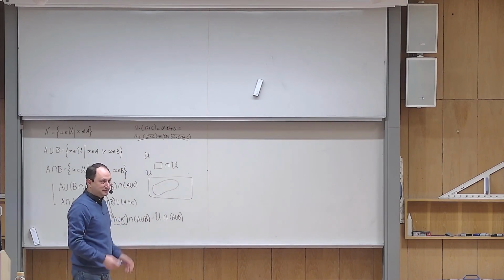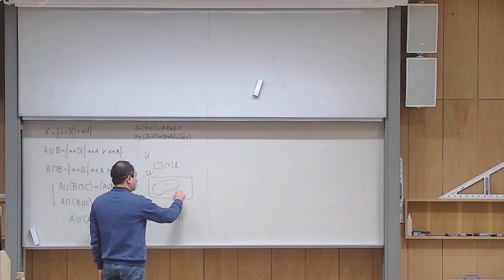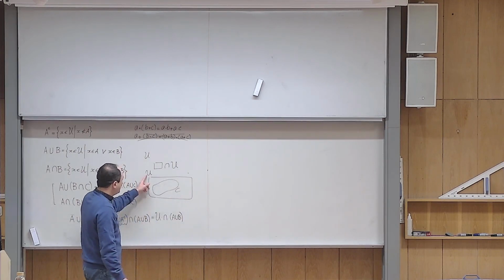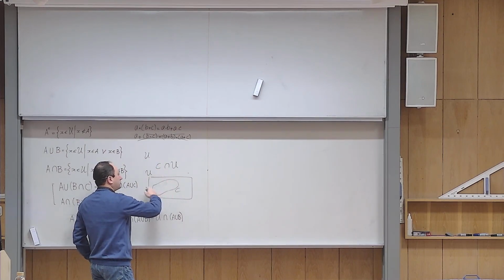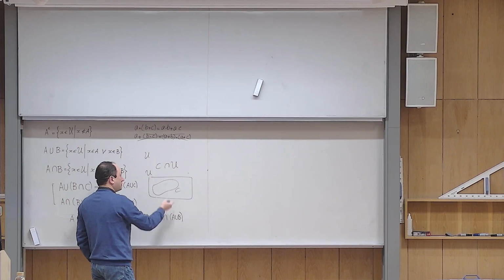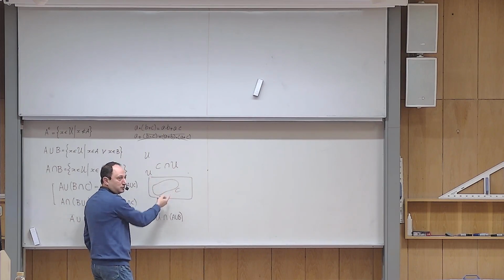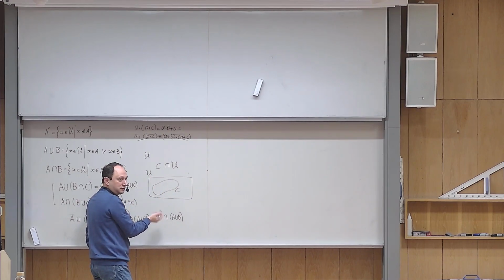Isn't it clear? So if I have U intersection C, I am looking for those points which belong to both U and C. Where are they?